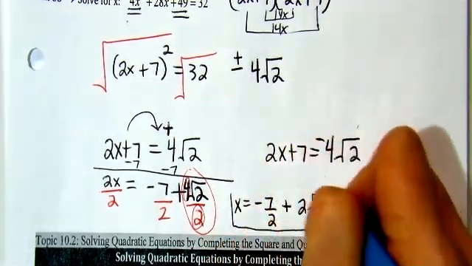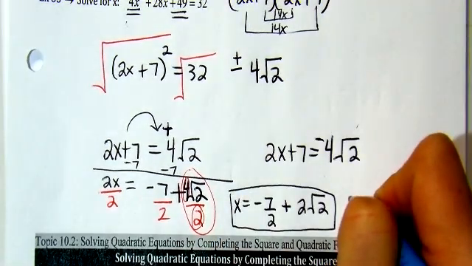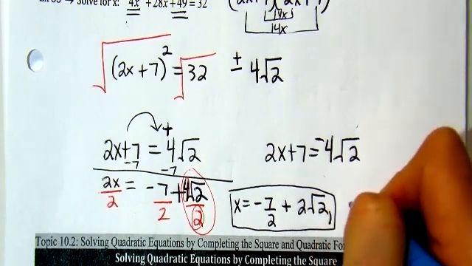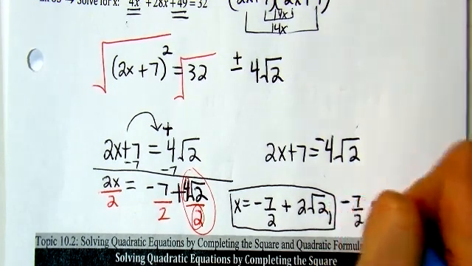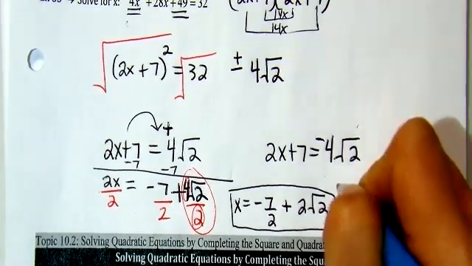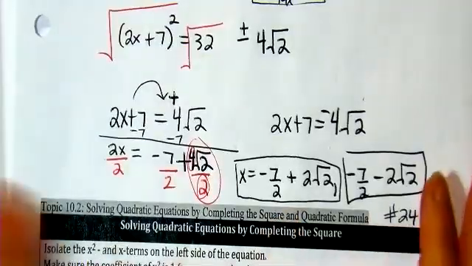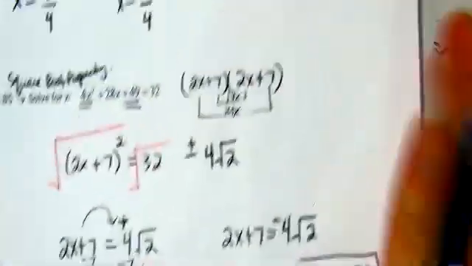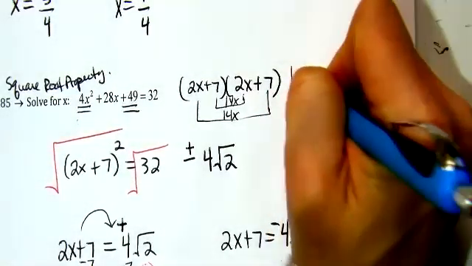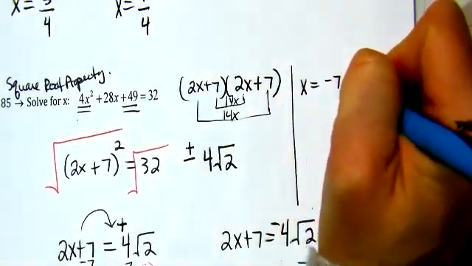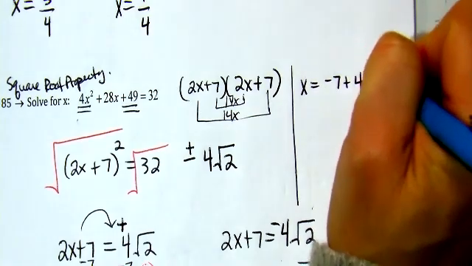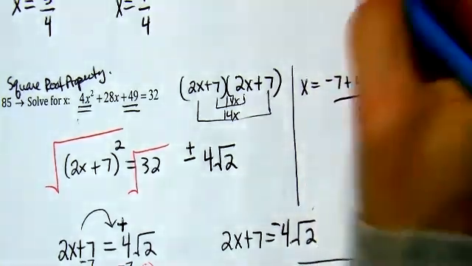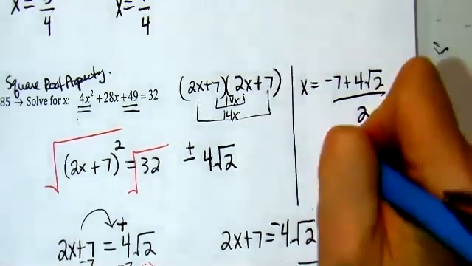And so hopefully you can take the time to write that down. But in WebAssign, you'd put a comma and you'd have negative 7 over 2 minus 2 square roots of 2. So just kind of going back over the reducing step, there are times that maybe you would see this as negative 7 plus 4 square root of 2 over 2, or plus or minus even, right?